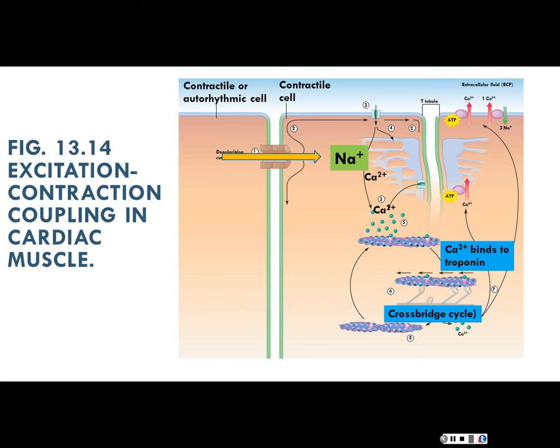Again, these events are summarized and certainly much more wordy if you refer to figure 13-14. But the point is, wherever the source of excitation is, depolarize to threshold to let which ion? Calcium in from the extracellular fluid, which causes the SR, sarcoplasmic reticulum, to release its calcium into the cytoplasm to bind with troponin to allow for contraction, that cross-bridge cycle.